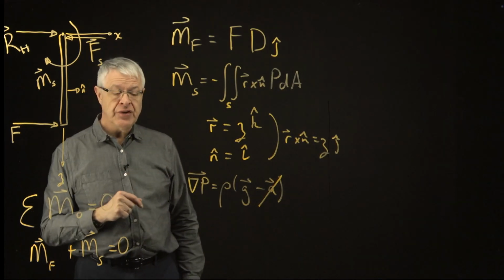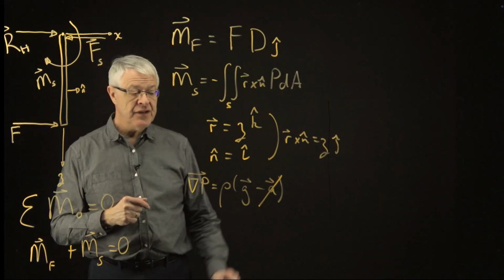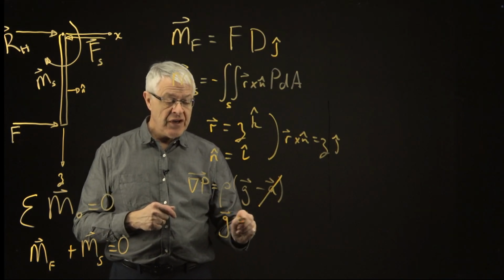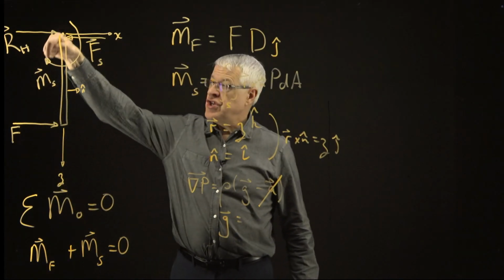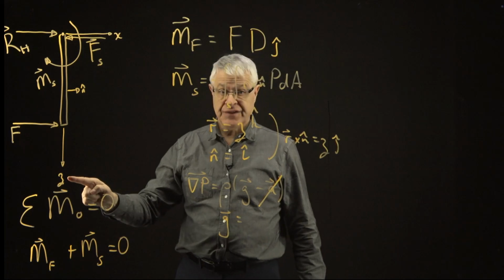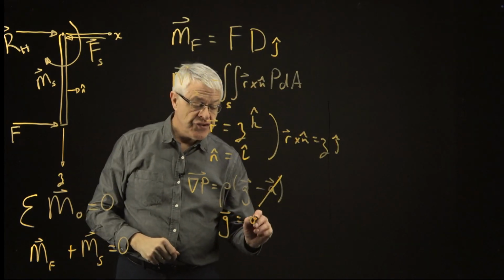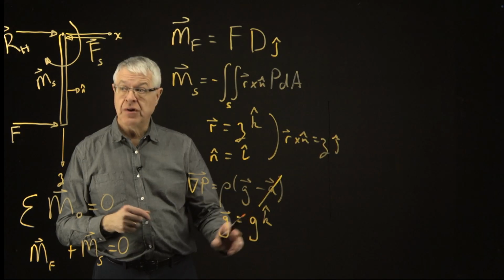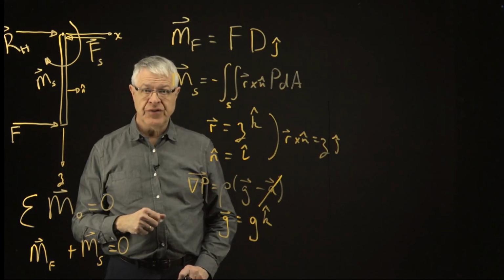And that will go in our assumption list when we assemble it at the end. And for our coordinate system, again going back to our free body diagram, realize g is down and that's in the z direction. So this is g k hat. That's our acceleration due to gravity for the coordinate system that we established.